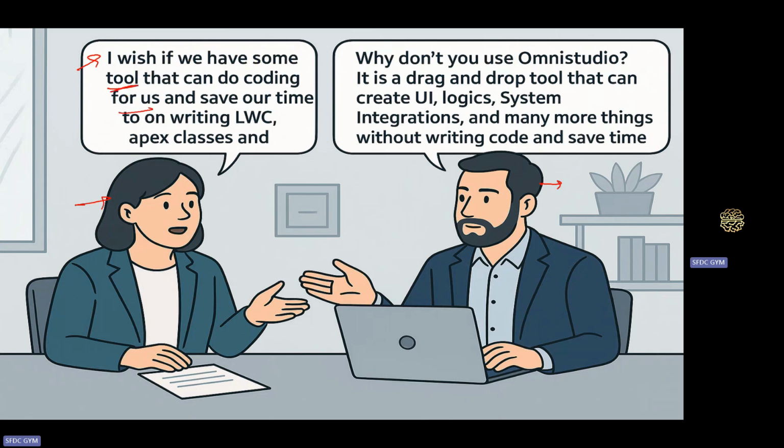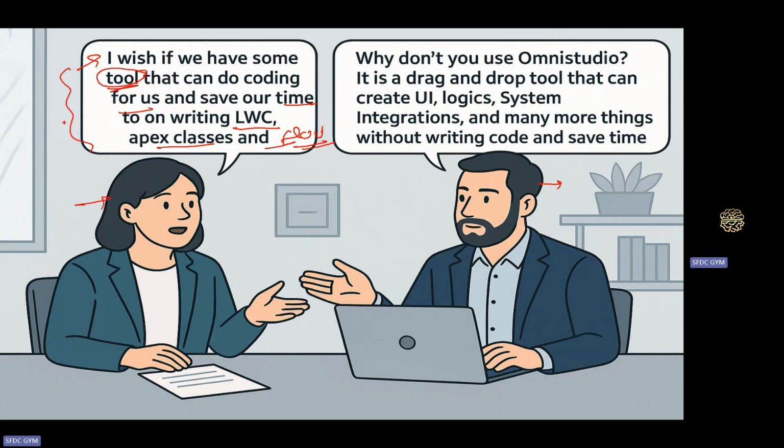She's expecting a tool which can do the coding so that we can save our time on writing Apex classes, LWCs, and other complex functionalities like flows, right? Basically, this business owner is expecting a tool we can utilize in our project which can bypass all those complex logics and do everything on its own.